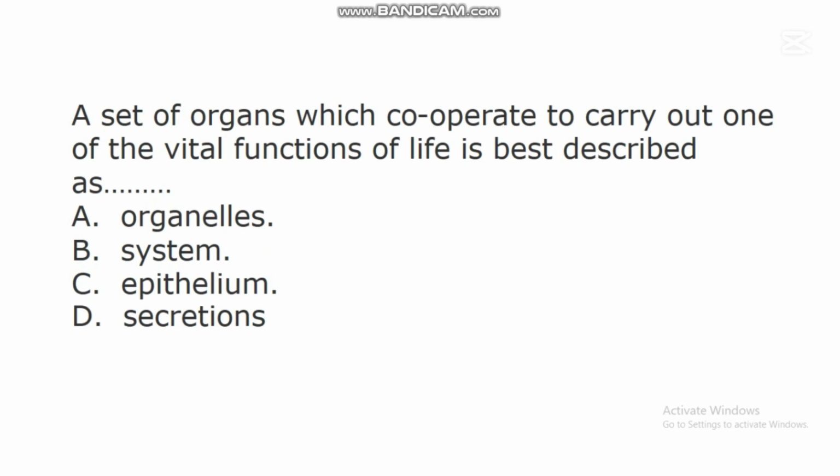In this question, the correct answer is B. System. A system is a set of organs which cooperate to carry out one of the vital functions of life. Research has shown that a system comprises many organs. So when organs come together, or when organs cooperate, they will form a system.